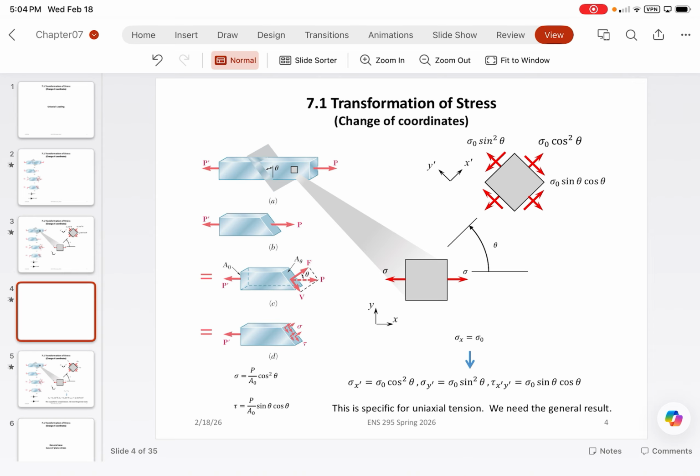And then we use y prime and x prime. You guys can see the little primes over there. That's the little dash marks or the apostrophes. We denote those as the transformed stresses. So those are the stresses along a very particular plane that we are interested in. And so you end up with those equations over there for uniaxial tension. Same thing can be for compression.